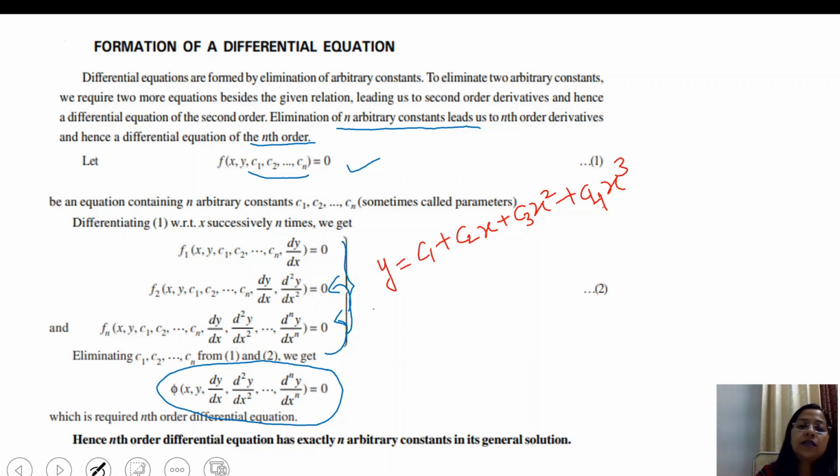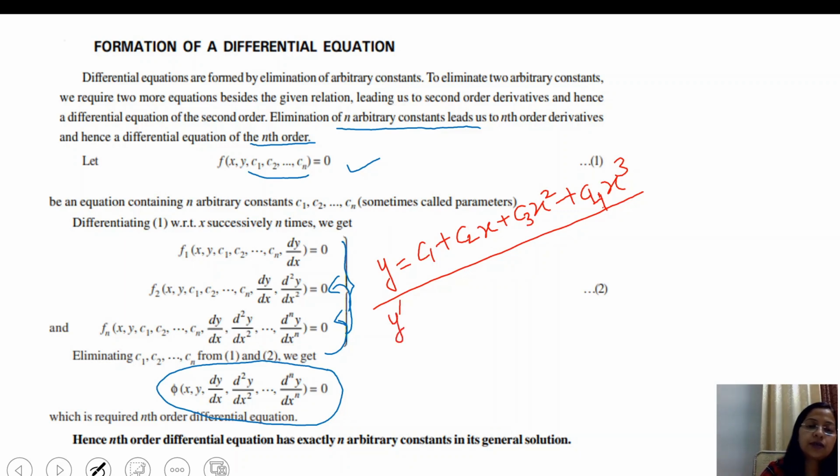This is the solution given to us in the form of 4 arbitrary constants. Now we have to remove these arbitrary constants from the solution, so that we get the differential equation. Understood? So let us start differentiating.